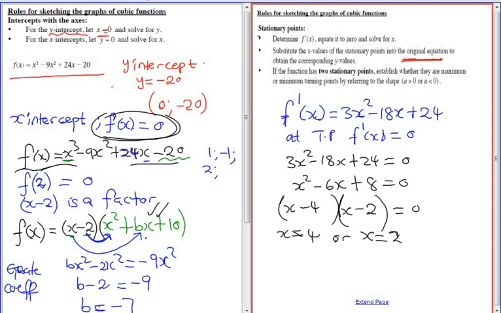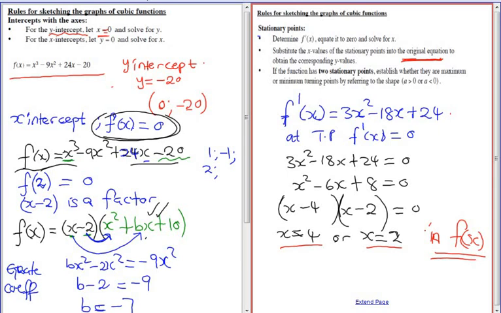The problem is people may substitute these x values that we got here into the first derivative. No. You have to go and substitute it into the original function of x, which has not been derived. That's where you substitute. So that's how you get your y values.